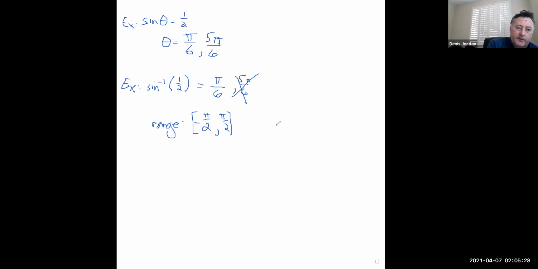So for an inverse trig function, you can only get the one answer. No matter how badly you might want to put a second one, don't do it, because if you do, it's automatically wrong. If it's only worth 1 point, you just lost a point just because you wanted to put another answer down. So inverse trig functions just give you the single answer.